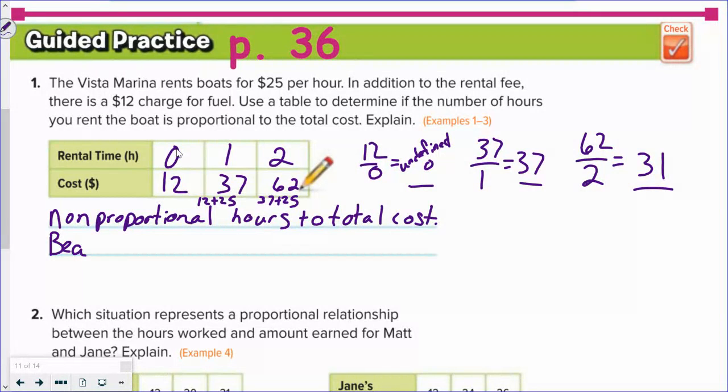Because the ratios are not equal. And that is the easiest way to explain if something is not proportional. They don't equal, not the same.